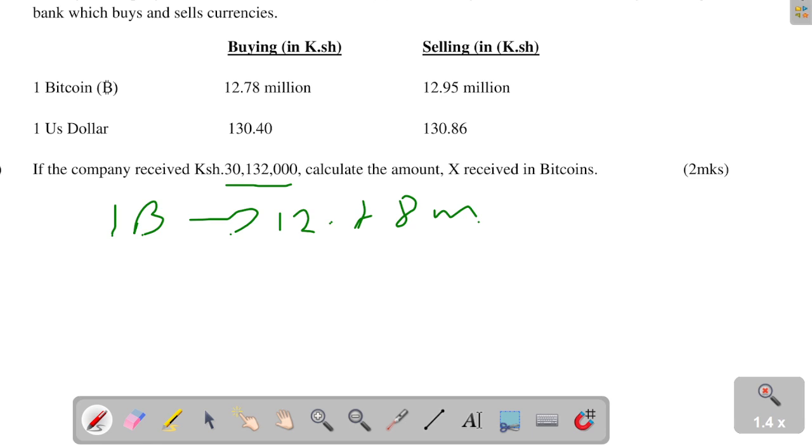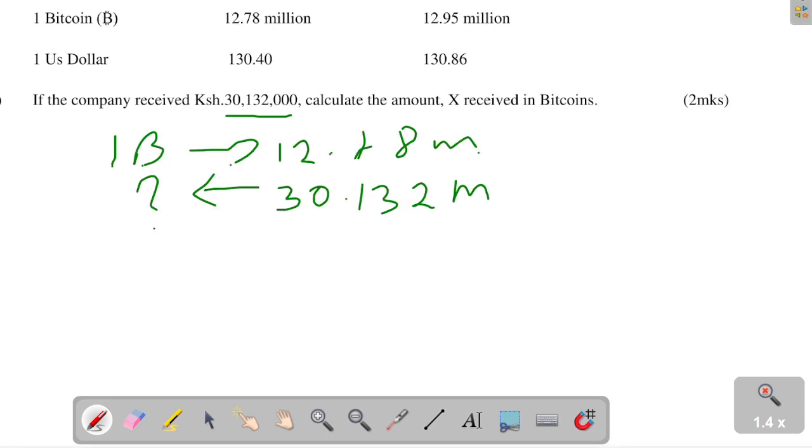So now, how many bitcoins were those? So I can now have my 30,132,000 as 30.132 million. It will be equivalent to how many bitcoins? So basically here, class, we'll take the 30.132 million, we multiply by 1 bitcoin, then we divide by 12.78.